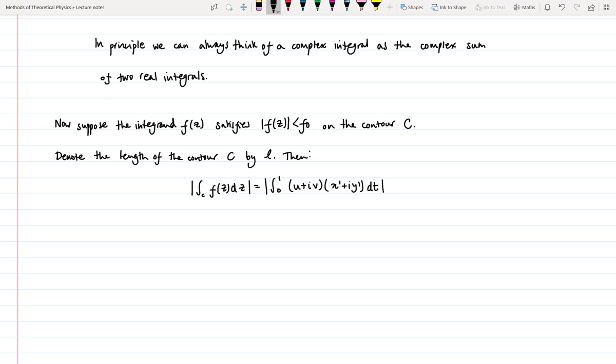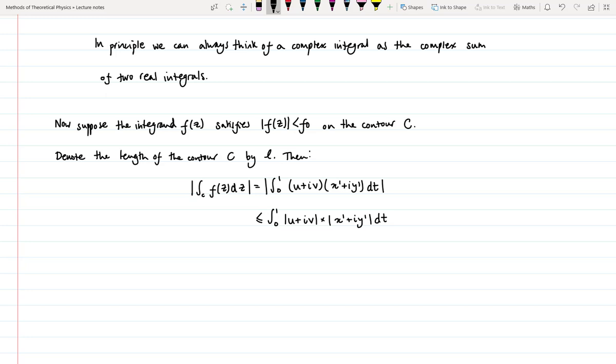Applying the continuum limit of the triangle inequality allows us to write this as the integral from t equals 0 to 1 of the absolute value of u plus iv times the absolute value of x primed plus i y primed. And then because t is constrained to be between 0 and 1, it's a positive number, and so the absolute value gives us dt.